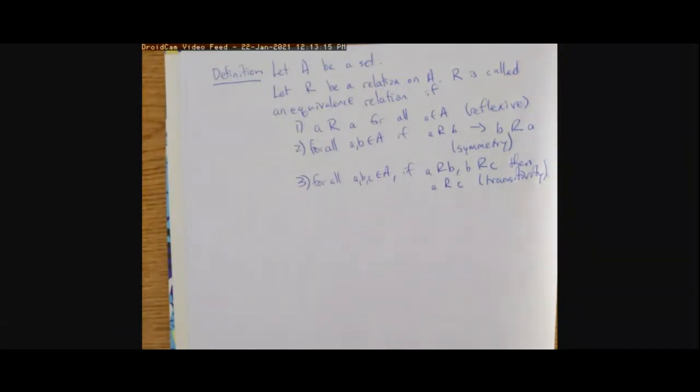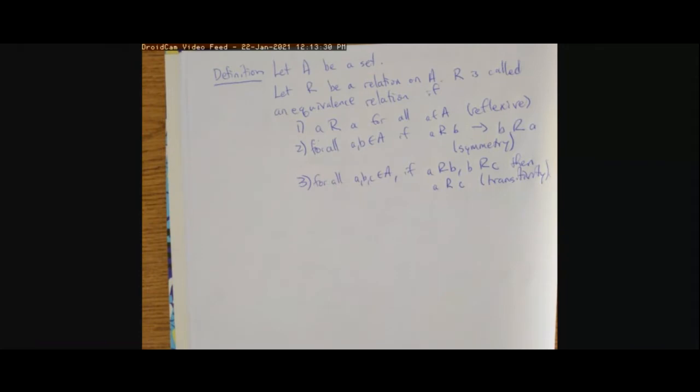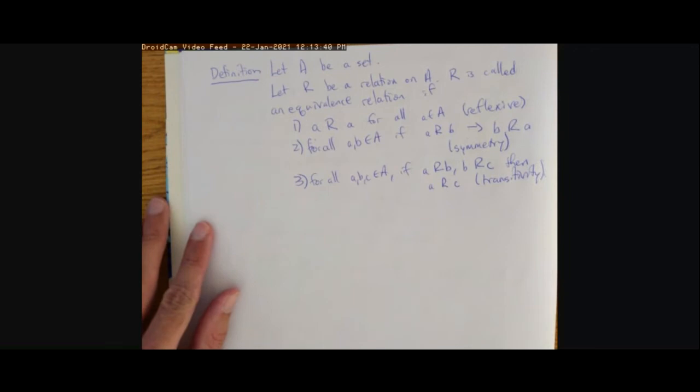So we have an equivalence relation. We need to know that there's a relationship between equivalence relations and these things called partitions. First of all, let's just write an example of an equivalence relation.